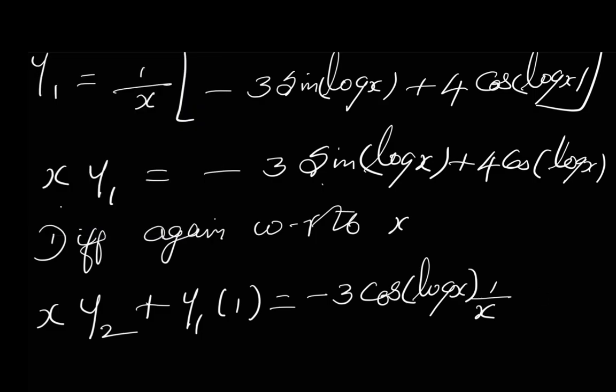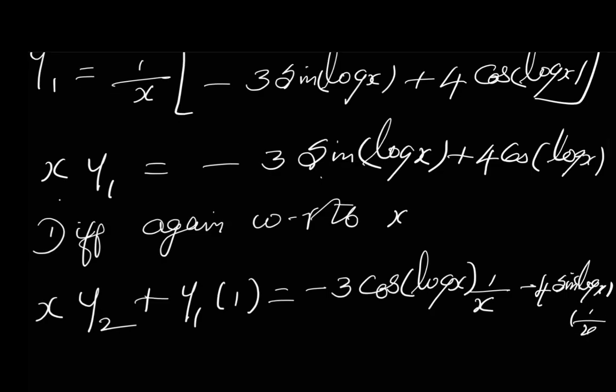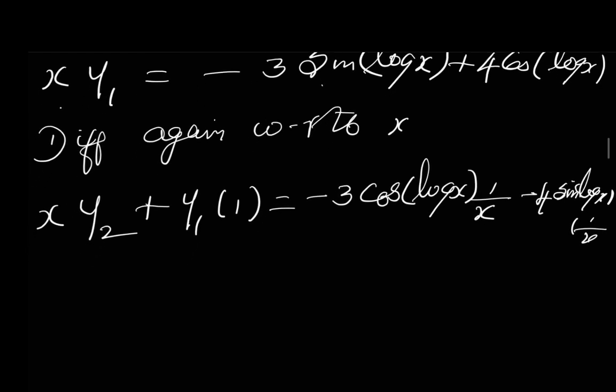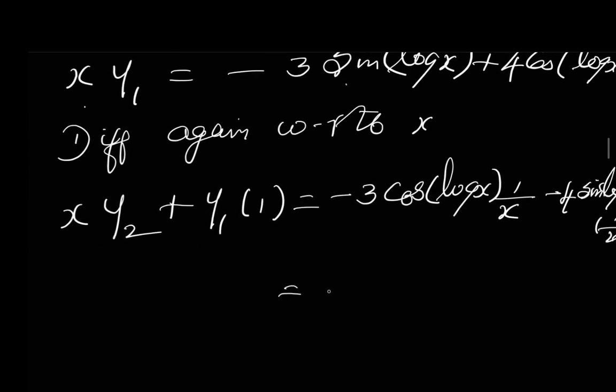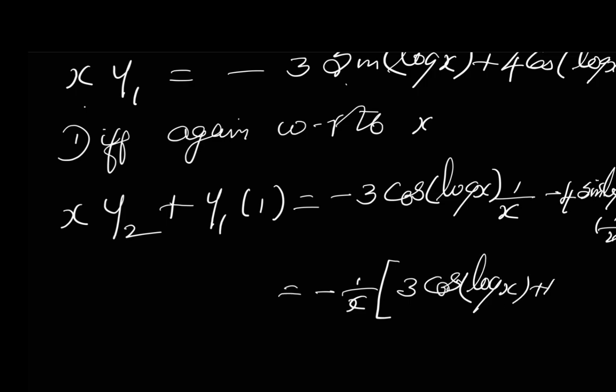So minus sin log x into 1 by x. Next step, you take minus common, both the terms have minus, 1 by x, 3 cos log x plus 4 sin log x.